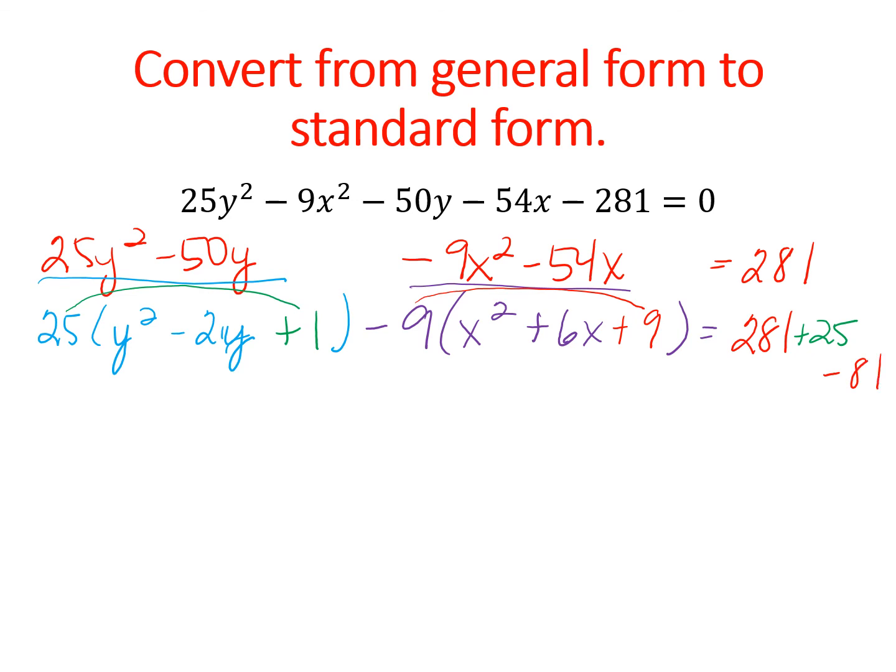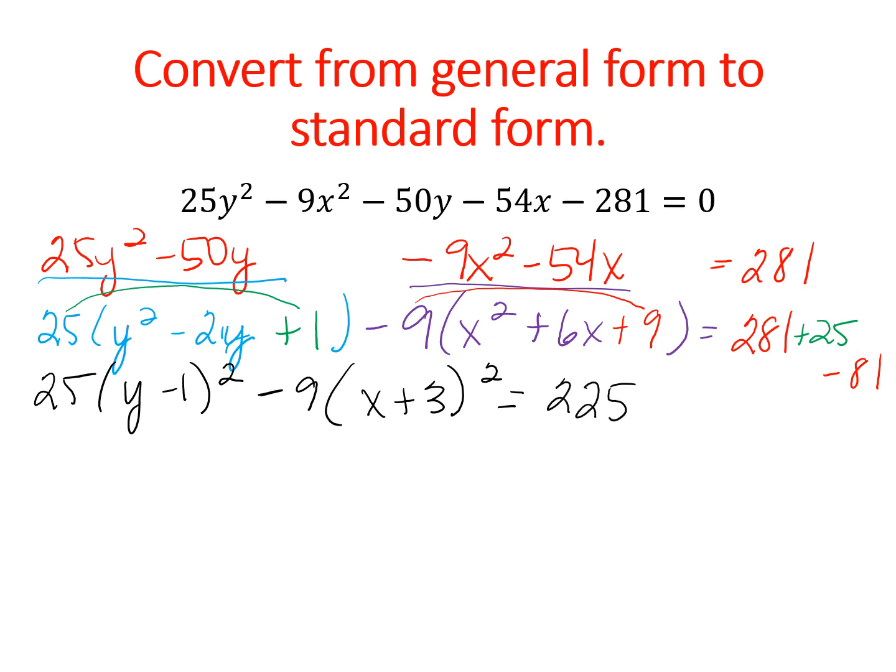And so lastly, we're now going to factor. We've got our 25, y minus 1 squared, and as you can tell, I really want that to be a plus sign, but it's a -9. And then we have x plus 3 squared. And then we need to simplify the right-hand side. So that would give us 225.